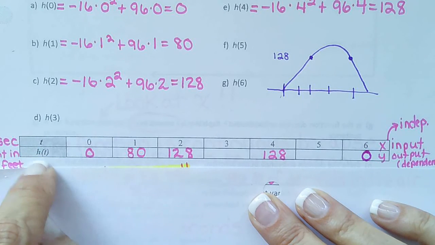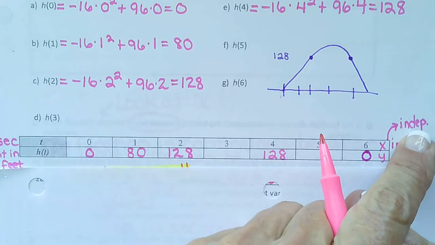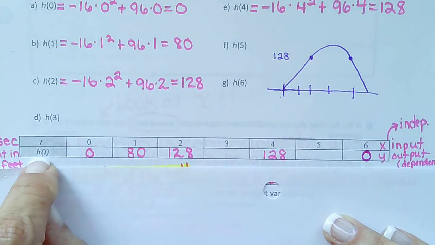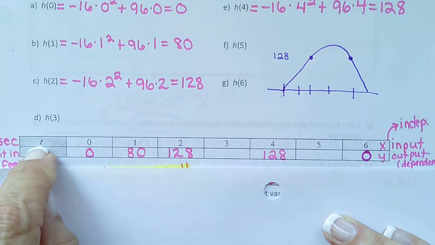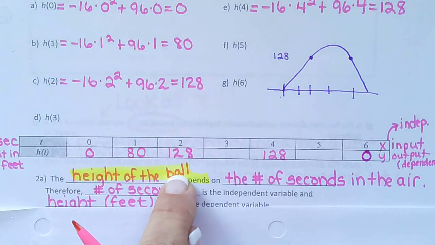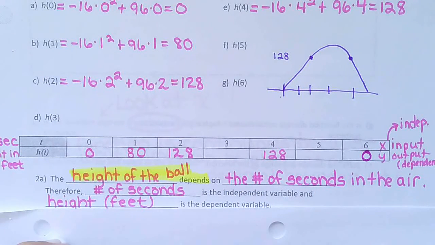The height depends on the time. And that's why time is the independent variable and height is the dependent. So the height of the ball depends on the time the ball has been in the air. So I filled that in here. The height of the ball depends on the number of seconds in the air.